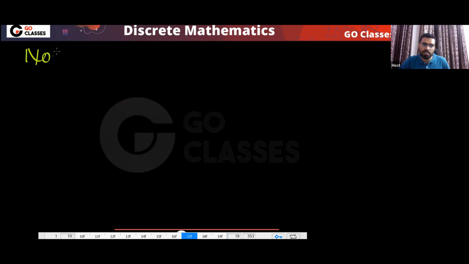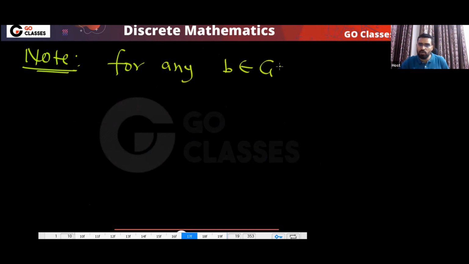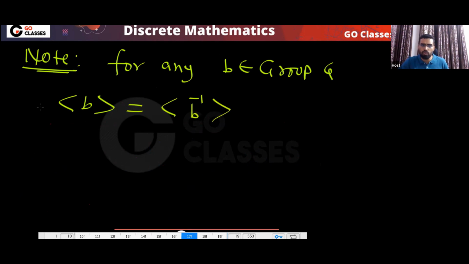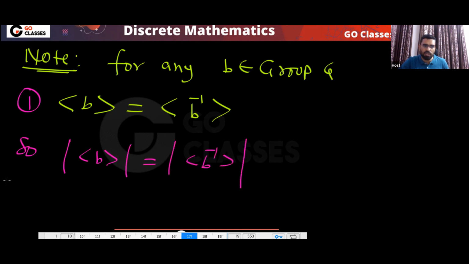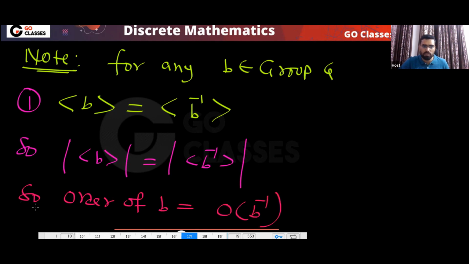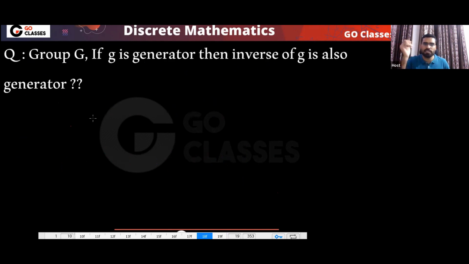Remember this note: for any B belonging to group G, the subgroup generated by B is the same as the subgroup generated by B inverse. Because this is happening, the number of elements in this is the same as the number of elements in this. So basically the order is the same. The order of B is the same as the order of B inverse. So that is the idea. Every element has the same order as its inverse.